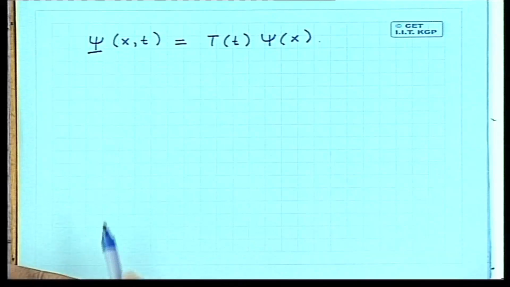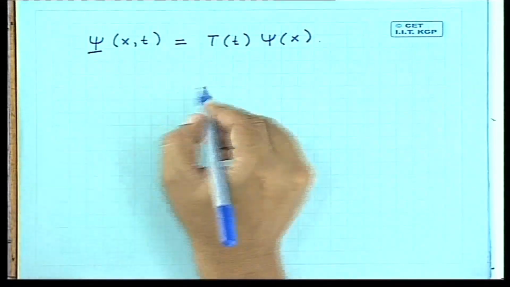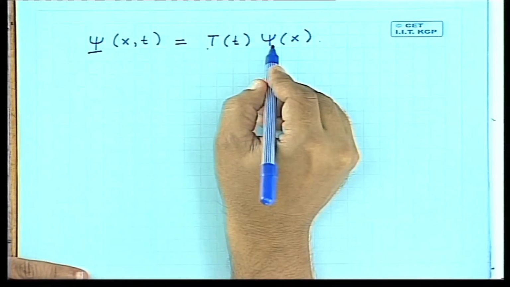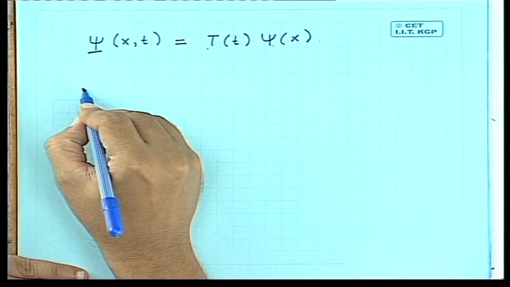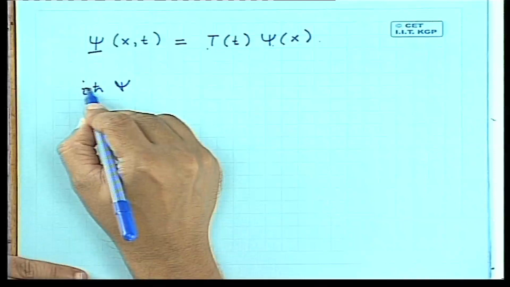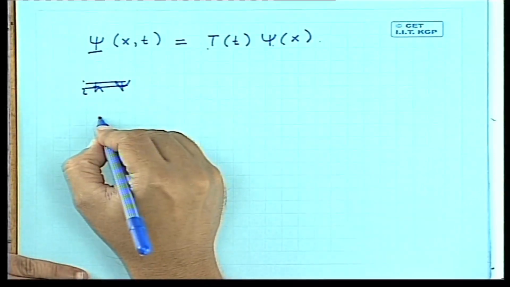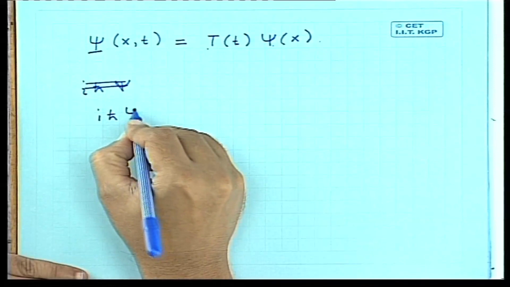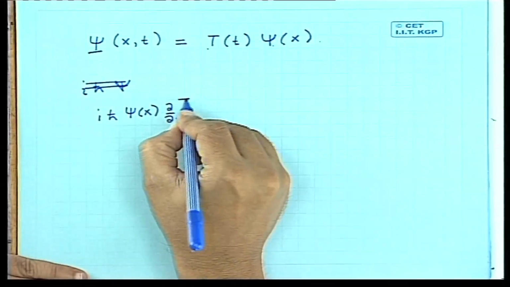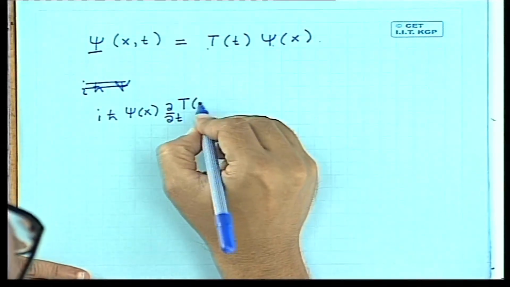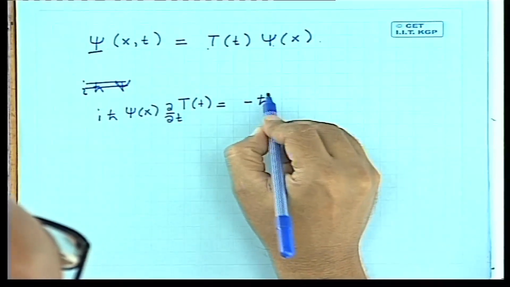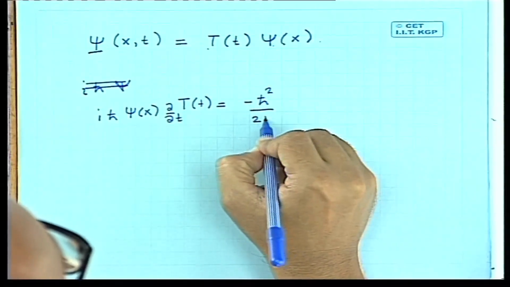So the Schrodinger equation with this trial solution now becomes: the time derivative will act only on this function of time, and we can take this psi x outside. So we have i h cross psi of x del by del t of this function of time is equal to minus h cross square by 2m.